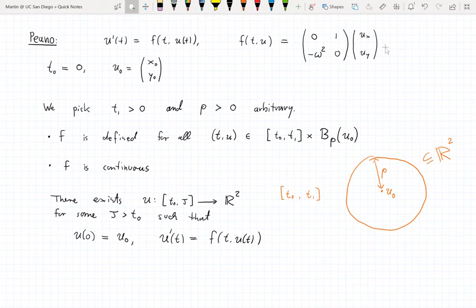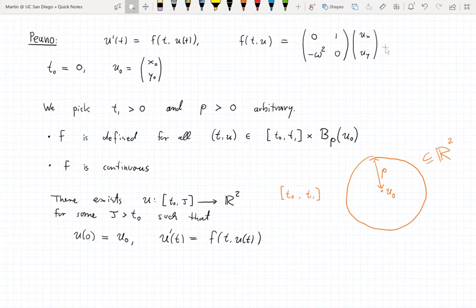Let us practice how we can apply the different uniqueness and existence theorems to that Cauchy problem. Let's start with how to apply the Peano existence theorem.